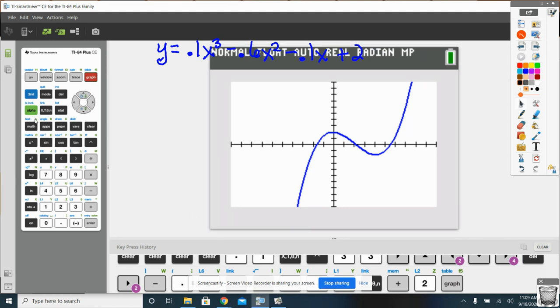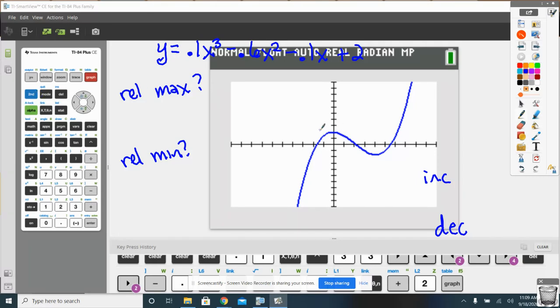So they want to know where is the relative max and min. And they also want to know where it's increasing and decreasing. So here's what we're going to do. We're going to find this first point, which that relative max is going to be right around here.